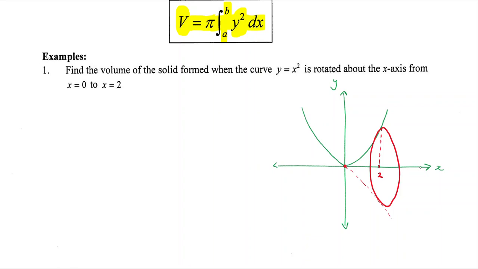So what's happening is this curve is coming around the x-axis like that. You can put some little arrows on here to say that it is going around in that little loop.